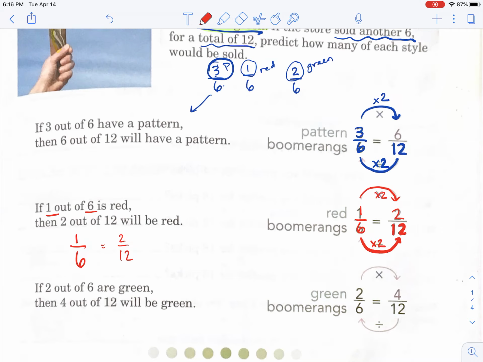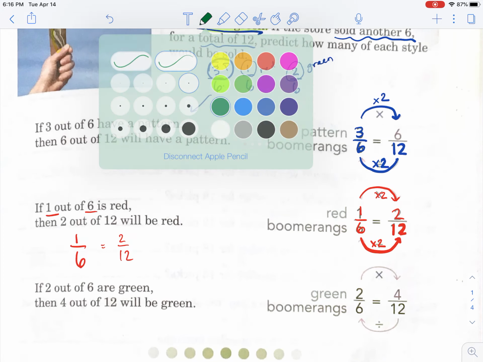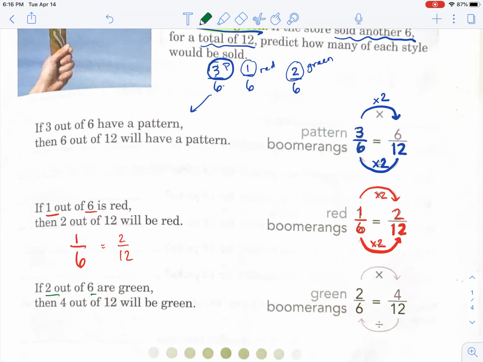Okay, last one. Don't fast forward through this part. I want to make sure you're getting it. Okay, green. If 2 out of 6 are green, we can expect 4 out of 12 will be green. Why? Let's look at it. 6 to 12, guess what? Same pattern. They doubled their sales. 6 times 2 is what? 12.